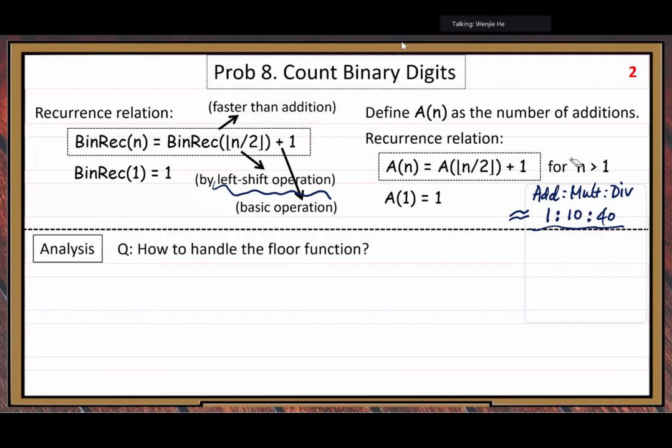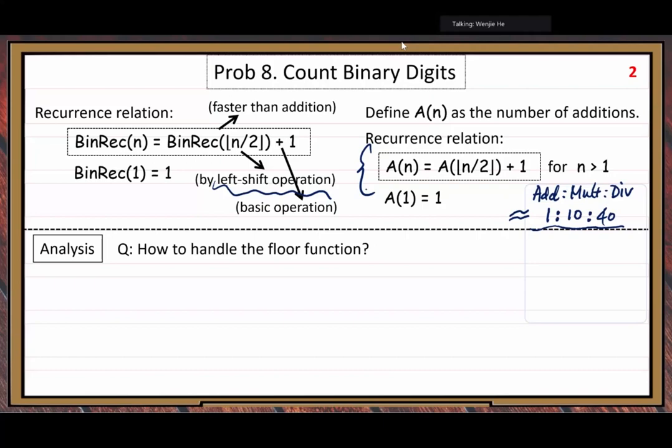Now let's do the analysis. How do we handle the floor function? When we solve this recurrence relation, we want to find a solution mathematically. At this point we can already write a program to calculate the value of A(n) with recursion, so easy.